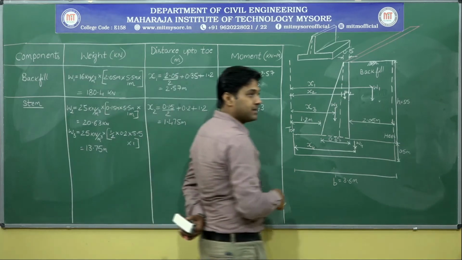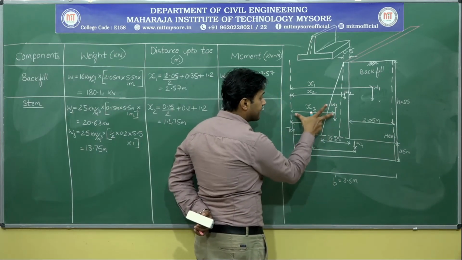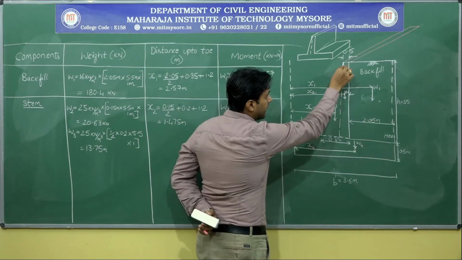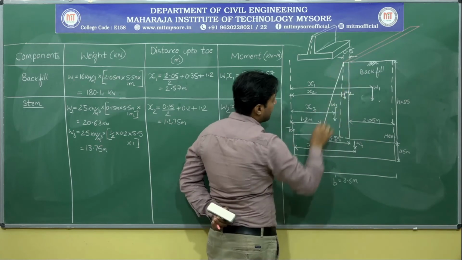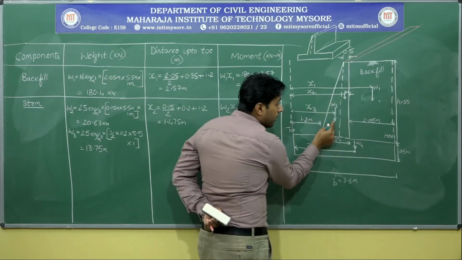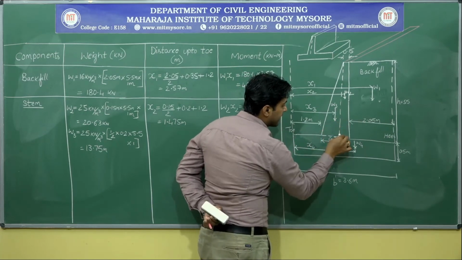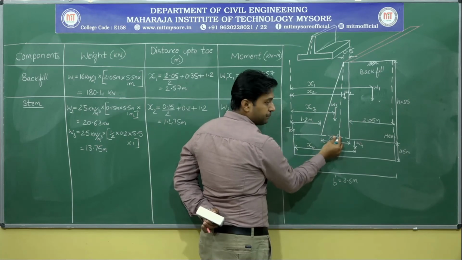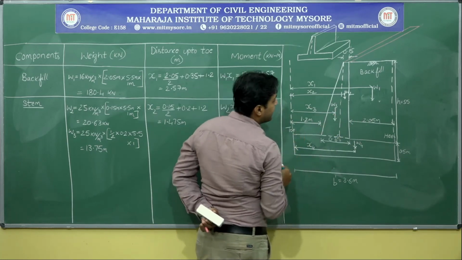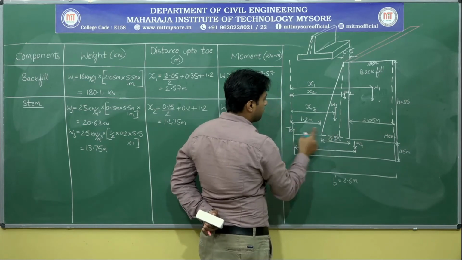Let me calculate the distance up to the toe. That is x3. How to calculate the value of x3? I think you people know that. So in a triangular diagram, this particular load towards 90 degree side, this is 90 degree side, yes or no? So towards 90 degree side it is b by 3. I want away from 90 degree side, so it is 2b by 3 plus 1.2.